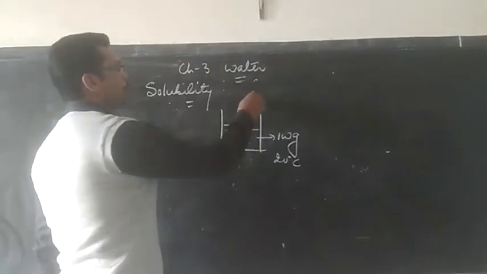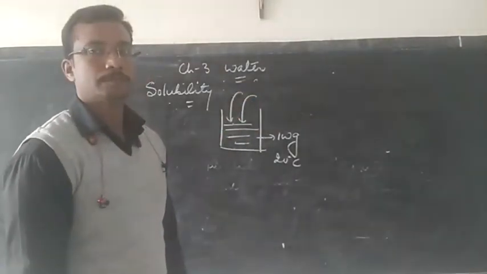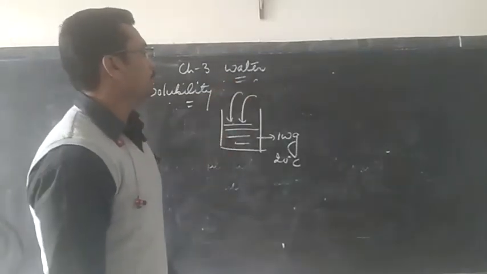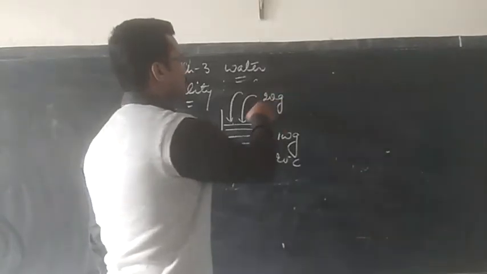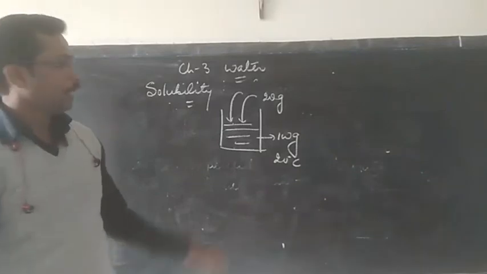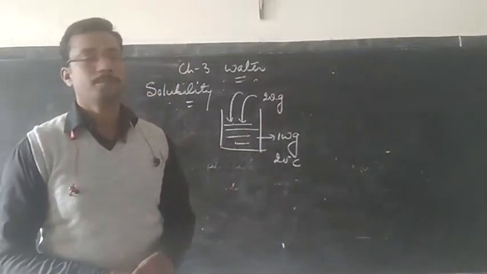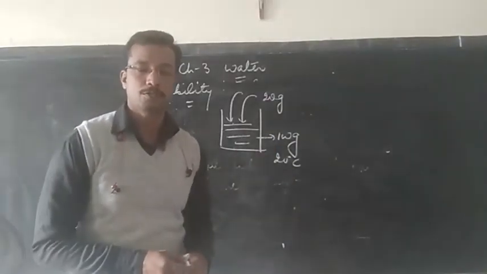Then we dissolve the solute, and say on dissolving we come to the stage that the maximum solute that can dissolve in 100 gram at 20 degrees Celsius is 20 gram. Beyond this we cannot dissolve it. It means we reach the saturated solution.